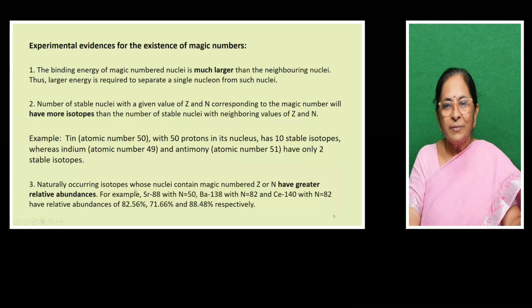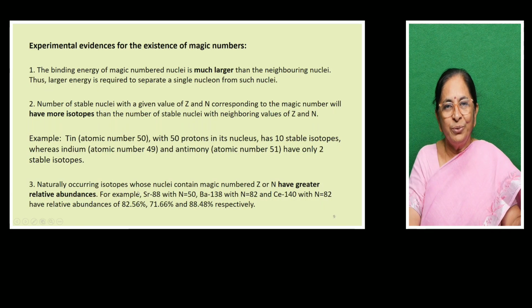Now, those nuclei whose nucleon numbers equal the magic number have greater relative abundances. That means they are more available in nature. So here we have taken strontium, where the neutron number is 50. In barium, the neutron number is 82, and in cesium, the neutron number is 82.